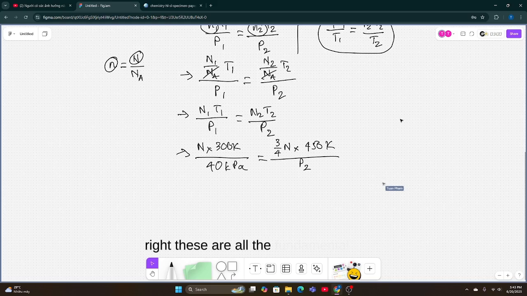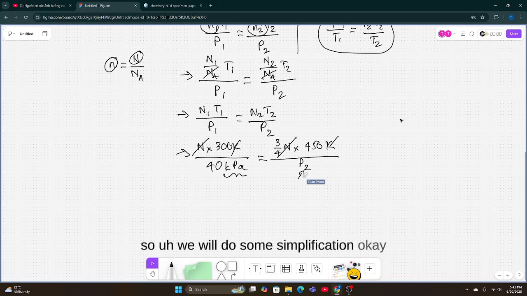These are all the fundamental rules when you do anything related to math, right? So N and N can cancel, right? Kelvin can cancel. So the unit of this P2 must be kilopascal, right? So we will do some simplification. Okay.